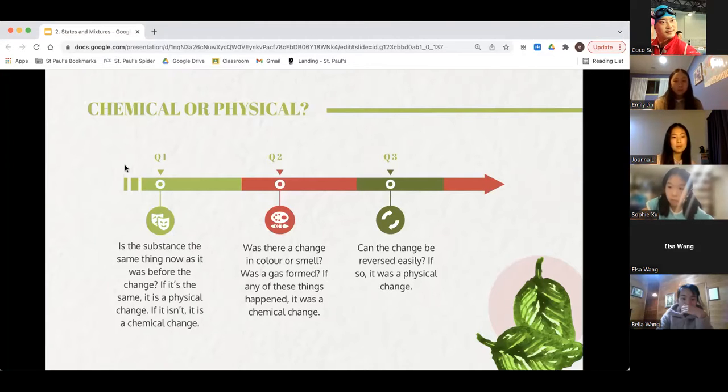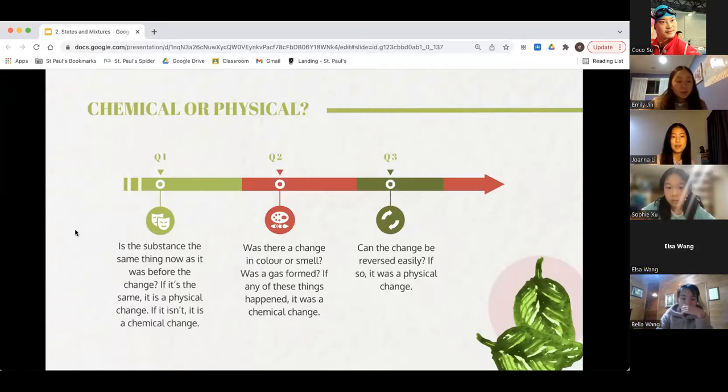They haven't broken any bonds between the hydrogen and the oxygen atoms. Whereas if we see a change in color or a change in smell, often this will indicate a chemical change, one that cannot be reversed, or reversed easily.